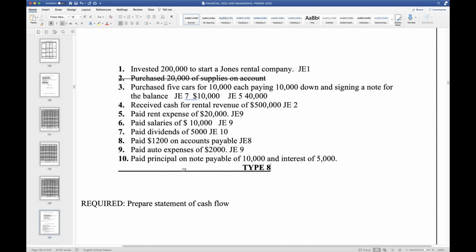And for interest, because it's an expense, it's type 9. So the 10 is going to be a type 8 long term, and then the 5 is going to be 9. JE 9.